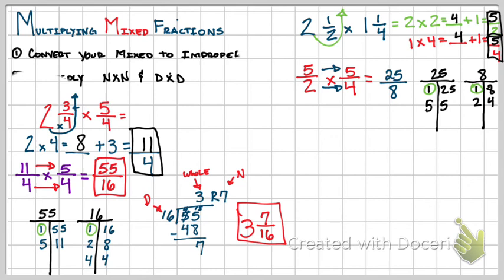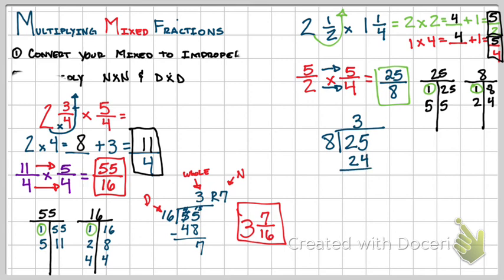Since it's 1, that tells you your answer is going to remain the same. But because you have a numerator greater than the denominator, we can divide and create wholes. So I'm going to do 25 divided by 8. How many times does 8 go into 25? Only 3 times.